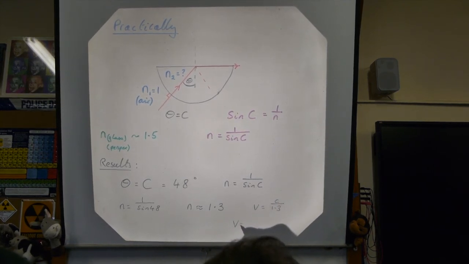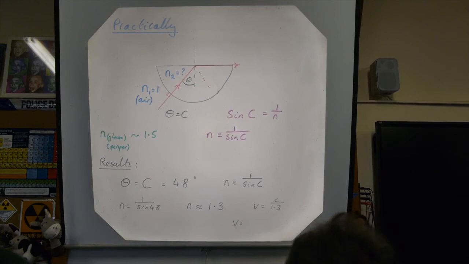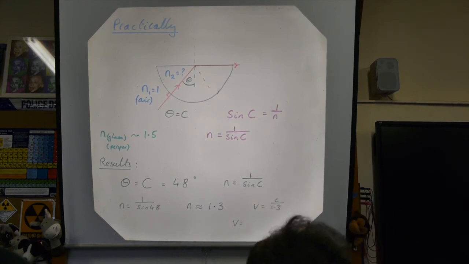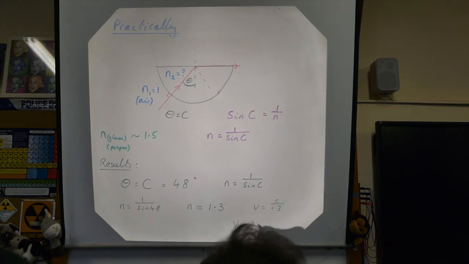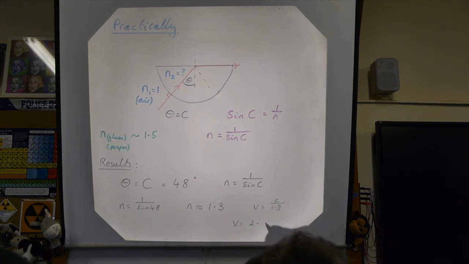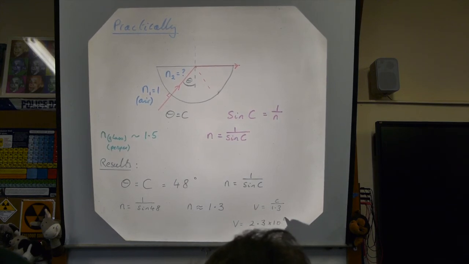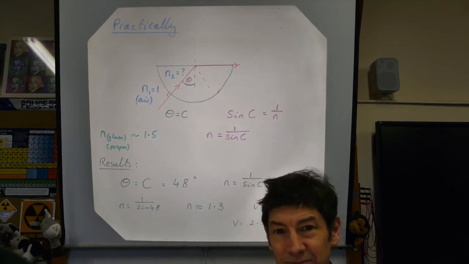So the speed of the waves in this plastic, just do that, 3.0 times 10 to the 8 divided by 1.3 is, hit the eng button, my favourite button on the calculator, 2.3 times 10 to the 8 metres per second.